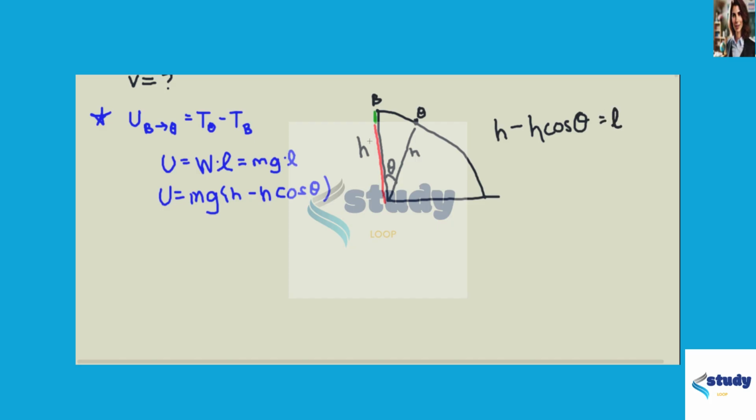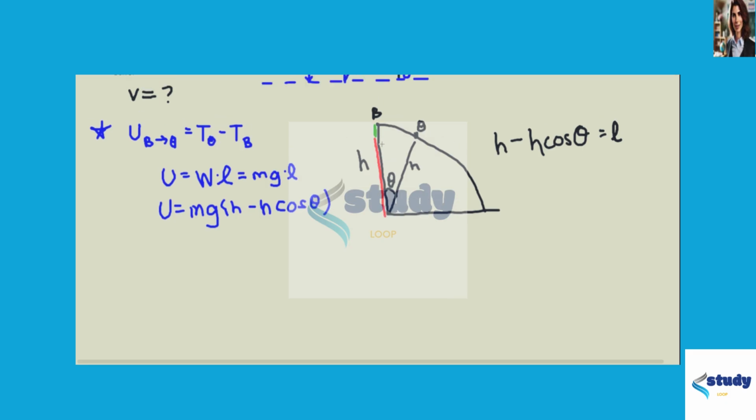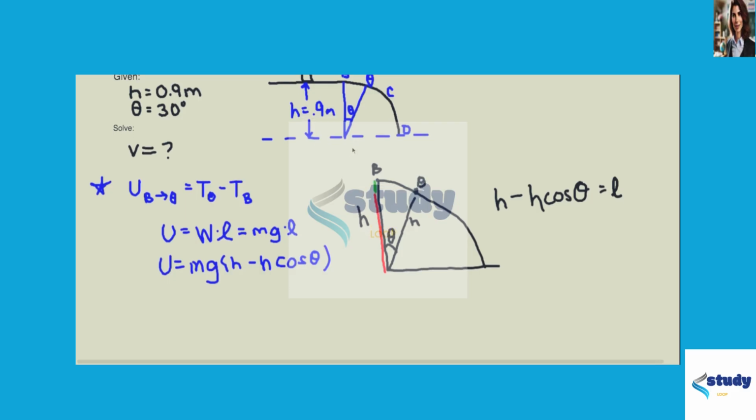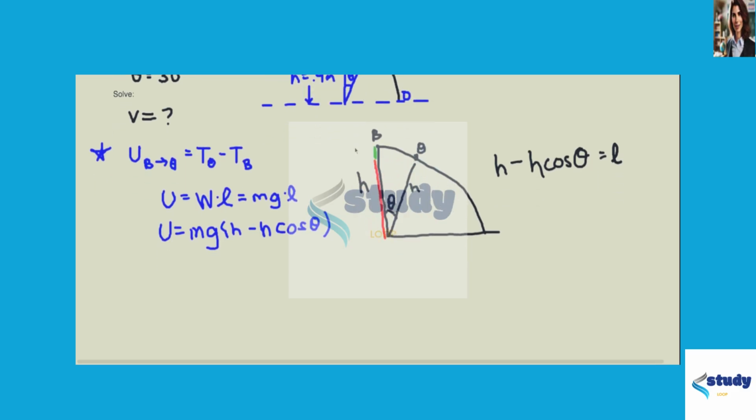Okay, so now let's talk about the kinetic energy at theta. Let's scroll back to the top. At theta, we have a different velocity than the velocity we're talking about when the block is moving on the horizontal surface. Since the block is moving down, the velocity is going to increase as it moves down the curve. So we're going to take the formula for kinetic energy.